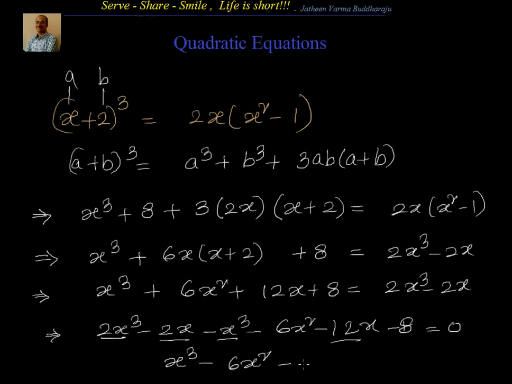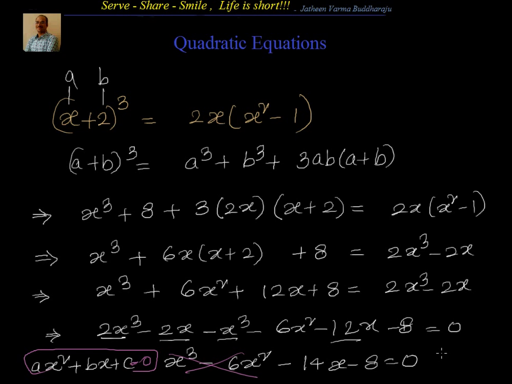Again 2x and 12x are like terms, so I can simplify that, minus 14x minus 8 equal to 0. Is it in the form of ax square plus bx plus c equal to 0? No, it's not in the form. So we will say that this equation, whatever we have been given, is not a quadratic equation.